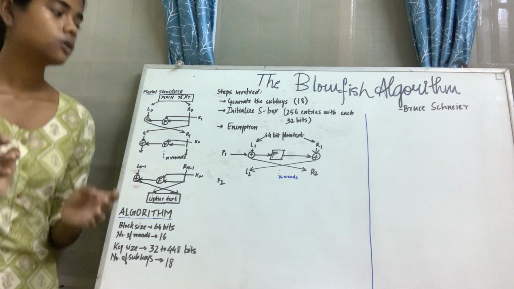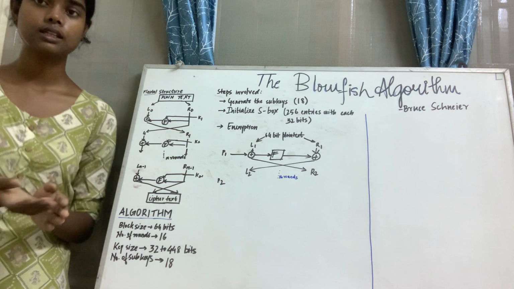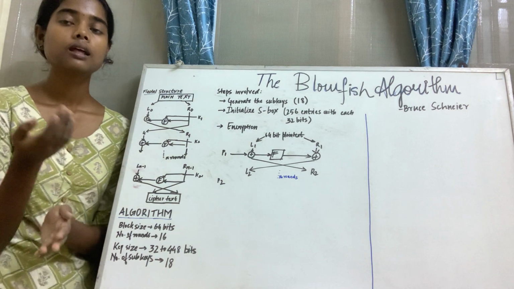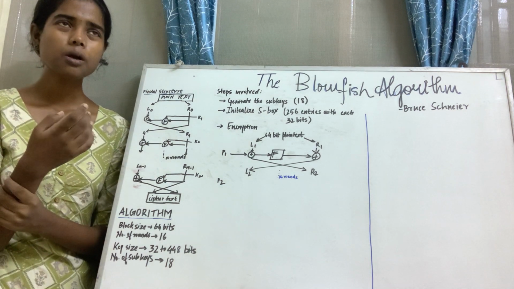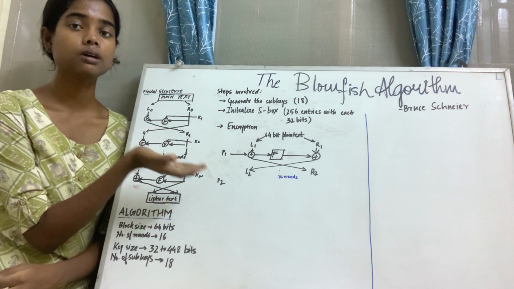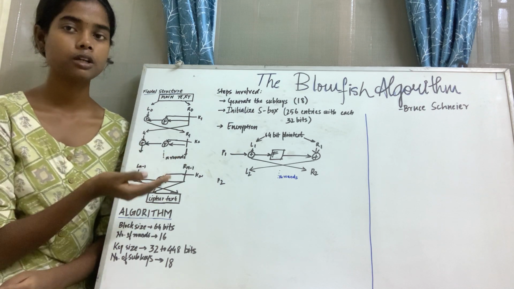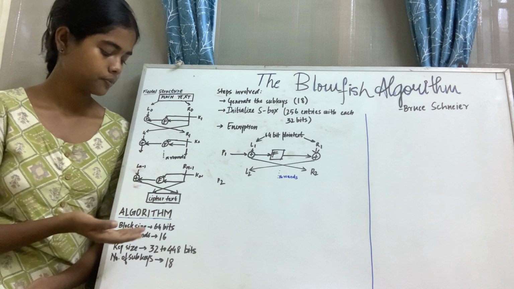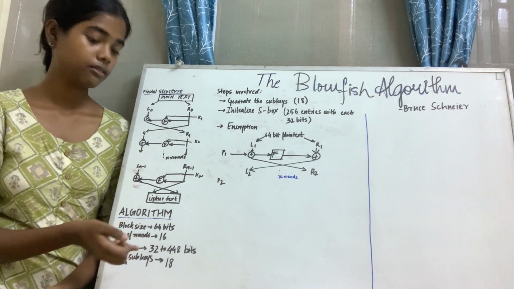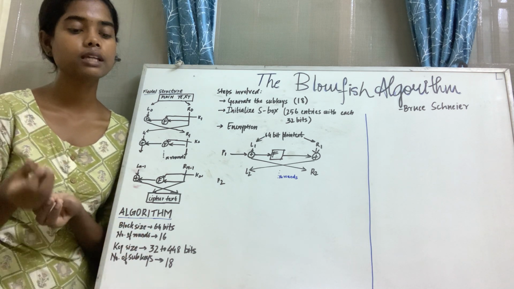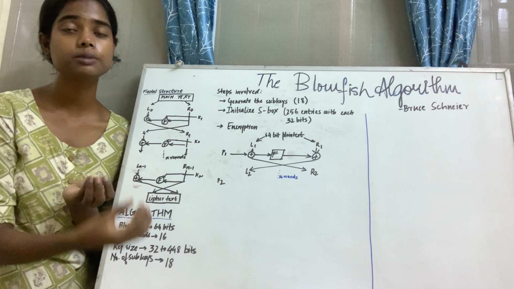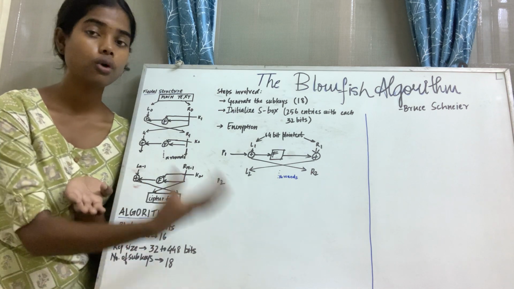So these three sizes are the only sizes that are possible in AES. But Blowfish is a very different algorithm. We will be having keys of any size between 32 to 448 bits.